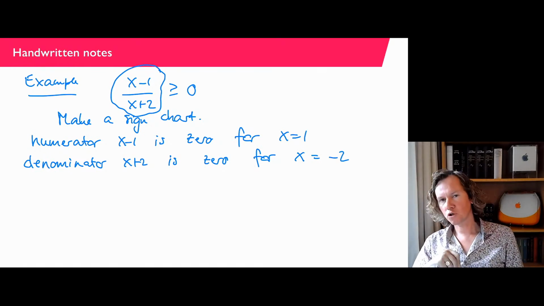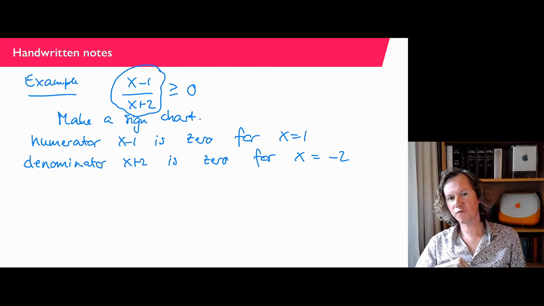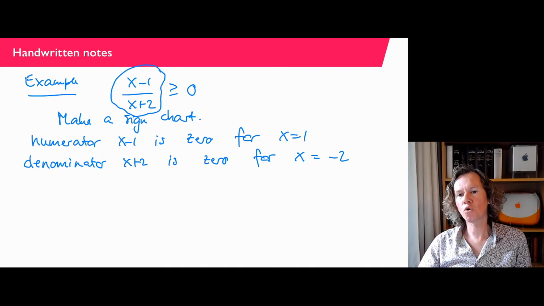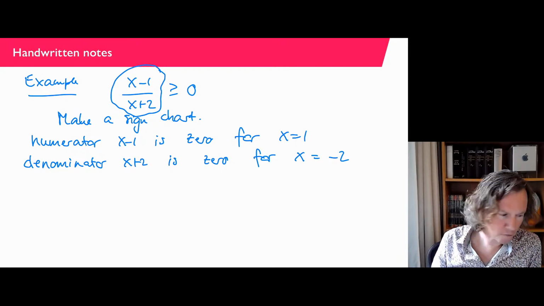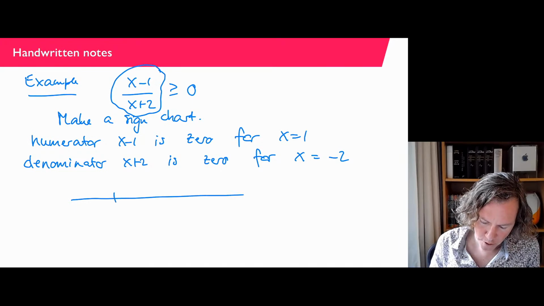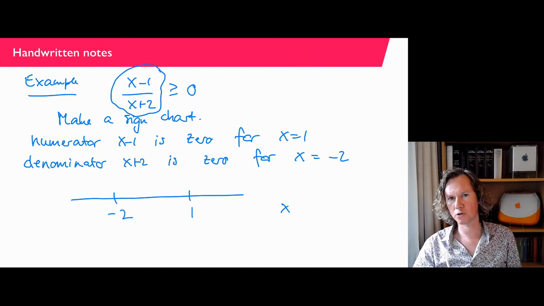And those are special points in the sense that if this whole expression wants to change sign, to go from positive to negative, something can only occur at these 2 points. So if I make a little drawing, and this is a sign chart, then I'm first going to put these special x values here. So x is minus 2 is special, and x is 1 is special.